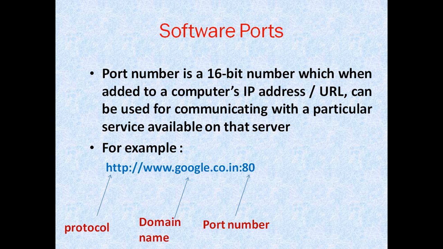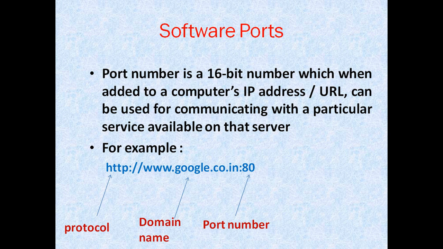To distinguish the ports, the software ports are given unique numbers. The purpose of a software port is to identify different services like email, file transfer, etc. running on a single server computer. The port number will be 16-bit, and when it is added to a computer's IP address, or we can refer to it as a URL, Uniform Resource Locator, it can be used for communicating with a particular service that is available on a server.